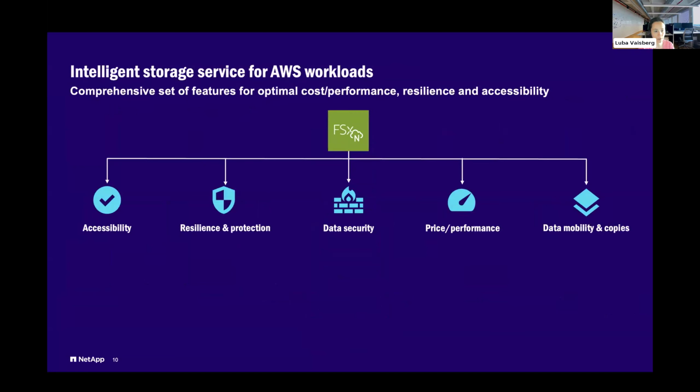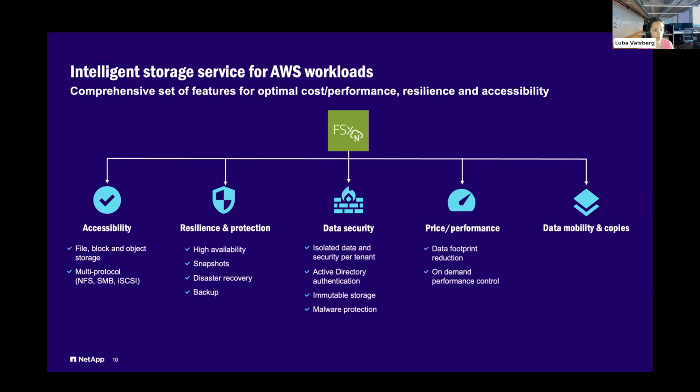Thank you. So when it comes to FSx for ONTAP, it has many different features that were built in to maximize and enhance your cost performance, your resilience, your accessibility to different business critical workloads. Now, as you can see here, there are many features that are relevant when it comes to FSx for ONTAP, from accessibility to data security to price performance and data mobility.